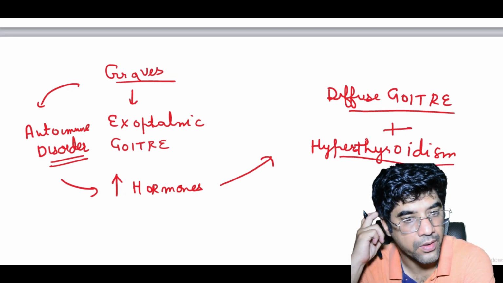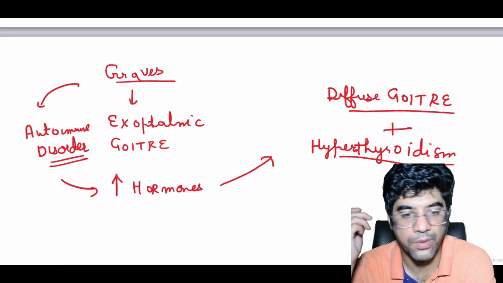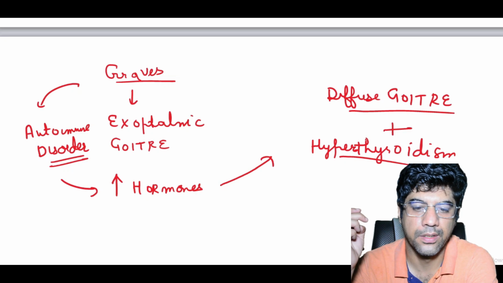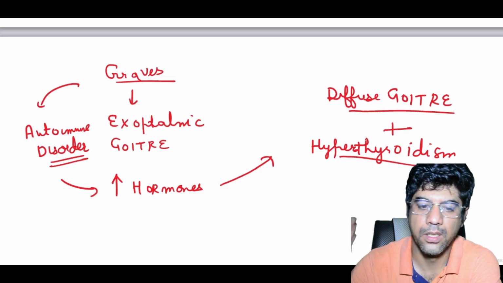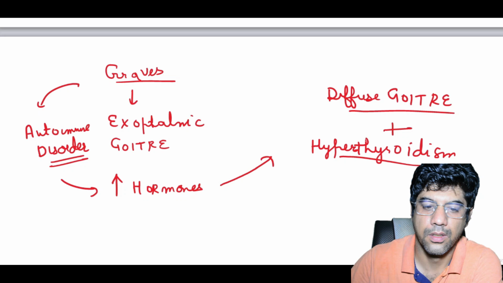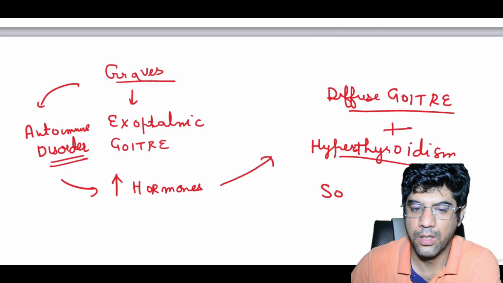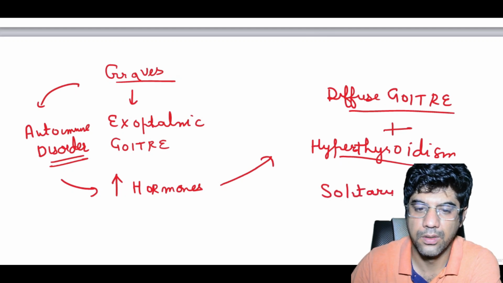Another cause, secondary thyrotoxicosis, could be multinodular goiter, where multiple nodules in the thyroid produce excess hormone, or another cause is solitary nodule, toxic nodule.